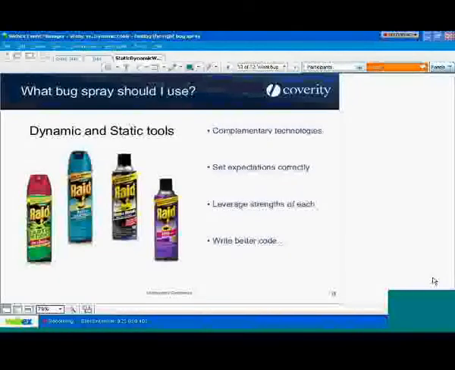The first one is, how does Coverity enhance the security posture of the application? Just to keep it on topic, security vulnerabilities are something that static tools can do that dynamic tools can't do as well, in the sense of watching what's happening at a particular runtime through instrumentation of the code.